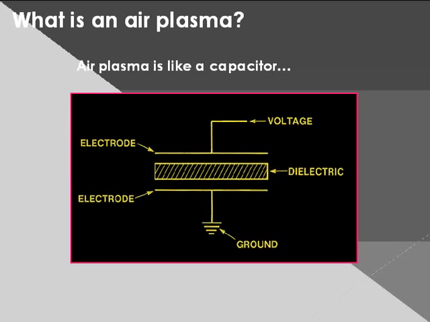Now, I need to define each of these for you so you understand what they're about. In air plasma specifically, and the terminology is loosely used in the industry, it is essentially bringing in high voltage to ionize air, and ionizing air becomes the integral part of what an air plasma does to the surface.